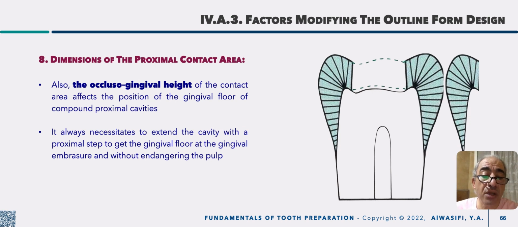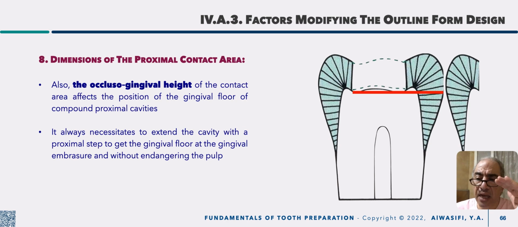It affects the outline form of the proximal to be with step or without step. The default design of any compound cavity is without step. This is the rule. But if you open the cavity at the level of the pulpal floor without step, you stop at this point and inspect your floor.